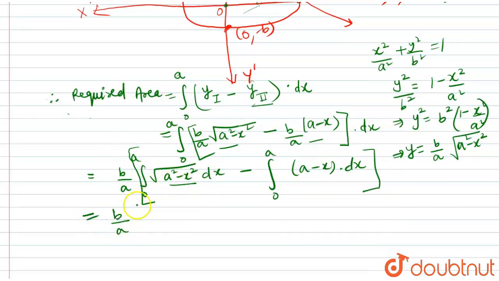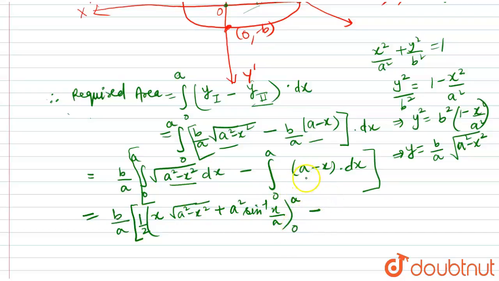That is simple: x under root of a square minus x square plus a square sine inverse of x upon a, and we also have half of that whole bracket. The limits are from 0 to a. Minus, when you integrate this a minus x, you can write it as a dx, minus, minus, plus the integral of x dx from 0 to a.